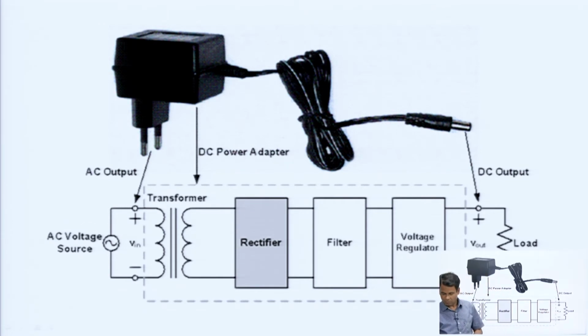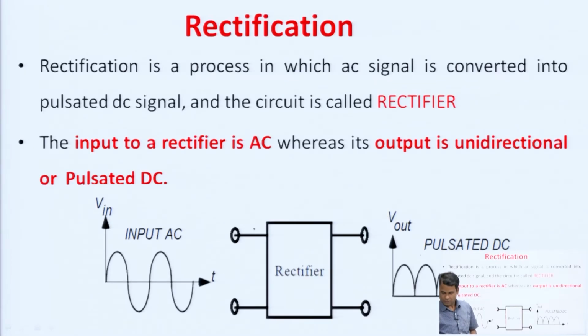Now, I am going to start the important part of the regulated DC power supply, that is the rectifier. First of all, what is rectification? Rectification is a process in which we convert AC signal, that is alternating signal, into the pulsated DC signal.